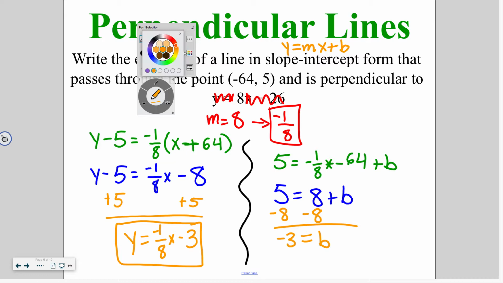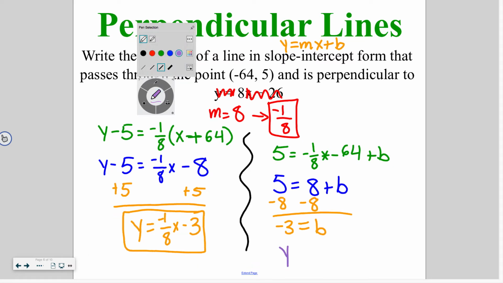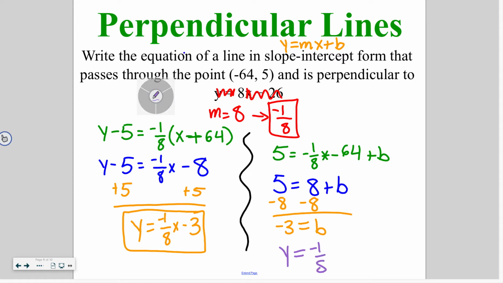So my final equation then becomes y equals -1/8 x minus 3. So again, in either case, we end up with that same equation, perpendicular to that original because I had a starting slope of 8 and a final slope of negative 1/8.